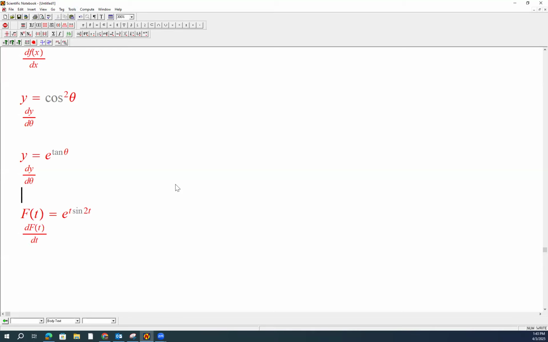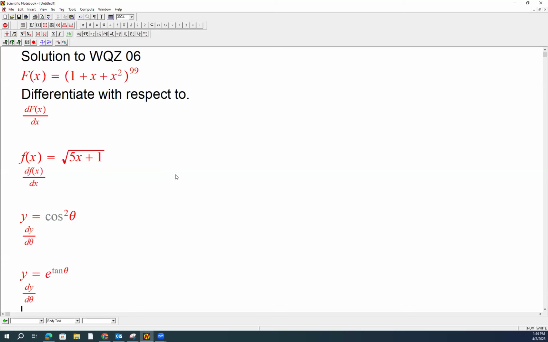Then you may say, I just want to use dy dx, dy d theta, dy dt, whatever. If that's the case, give yourself a little convenience, it's okay. You can say, I'm going to assign y equals to that. That way you can use either this notation or dy dx.